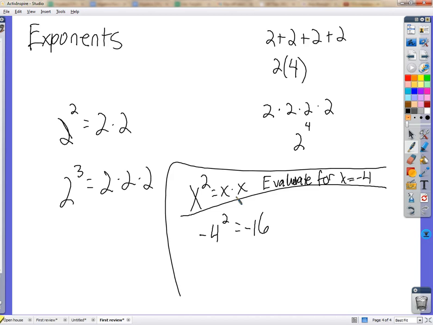I've told you I want a 4 times another 4, and I want the whole process to come out as a negative. So we borrow from English, we use parentheses, and now that means just what you wanted it to mean. And that is a -4 times another -4. That is positive 16.